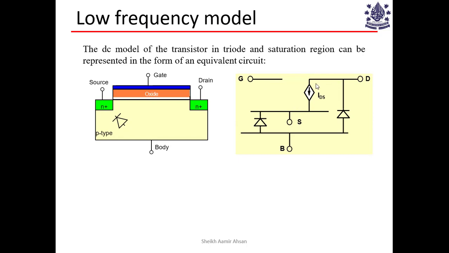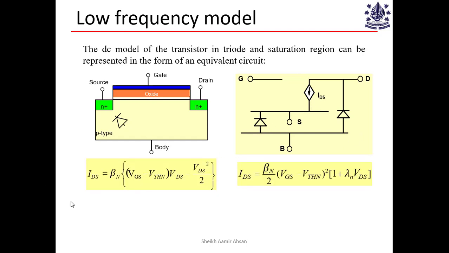One important thing to note is that IDS, the symbol shown here, is a dependent current source. This rhombic figure is a voltage dependent current source. I think that is fairly obvious, because this current depends on this well-known expression for current. Now IDS depends on, let's take a look at these equations, VGS.